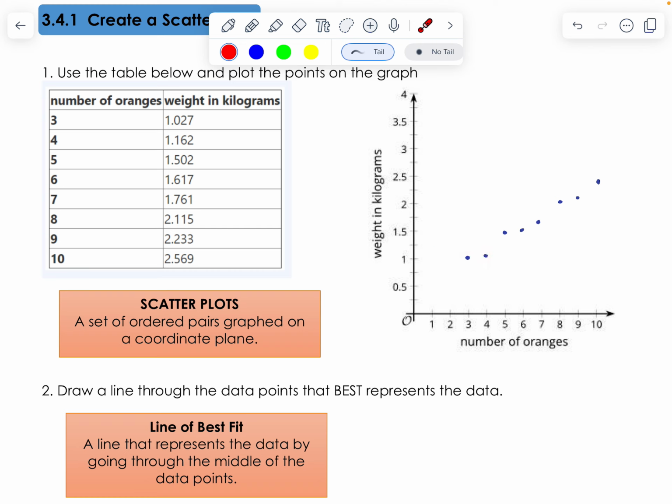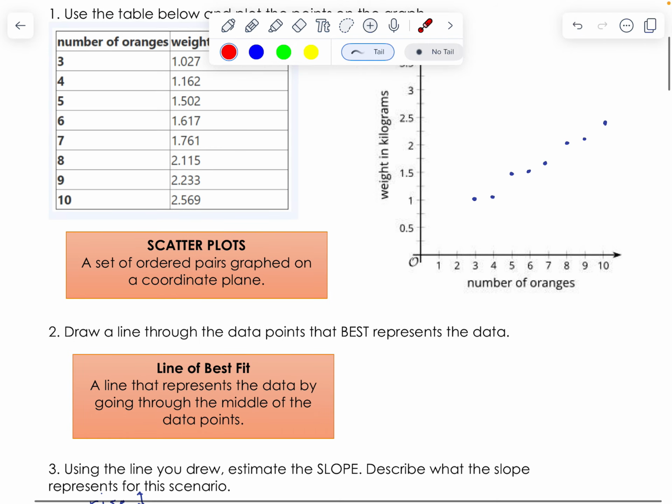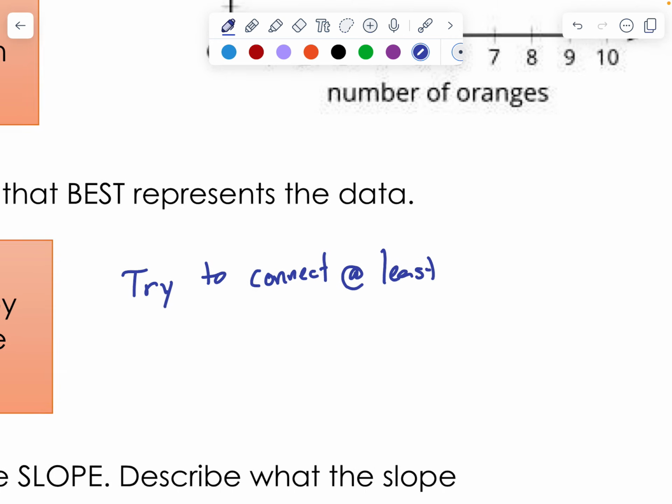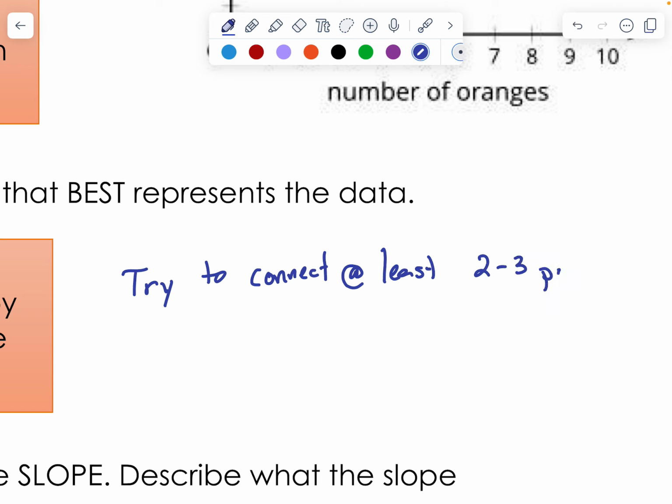From there, we're going to draw what we call a line of best fit. One thing to remember is that it's a line that represents the data by going through the middle of the data points. We always try to connect at least 2 to 3 points, and we try to make the number of points on either side even.